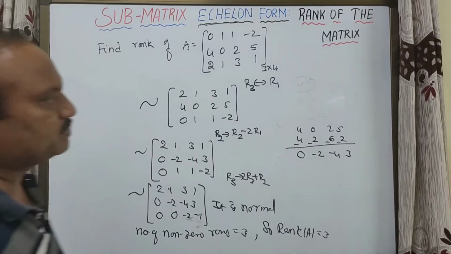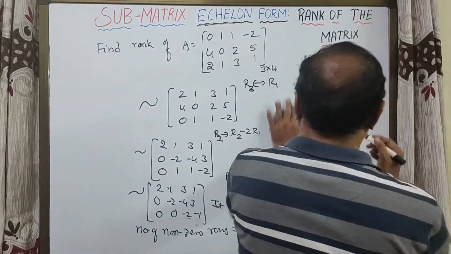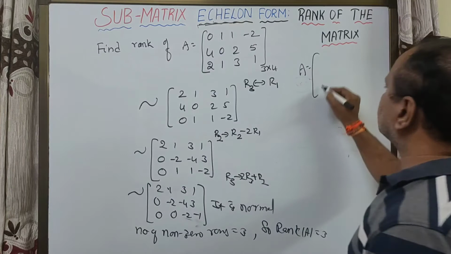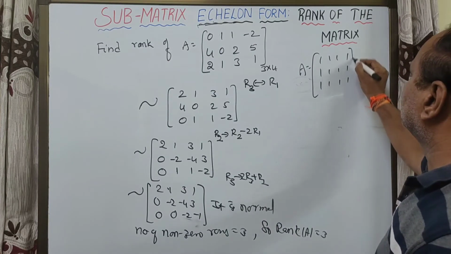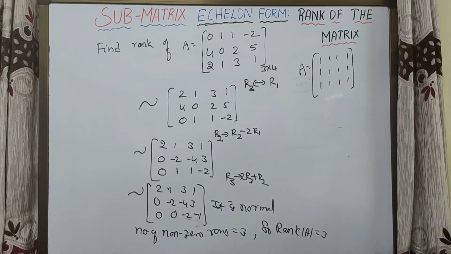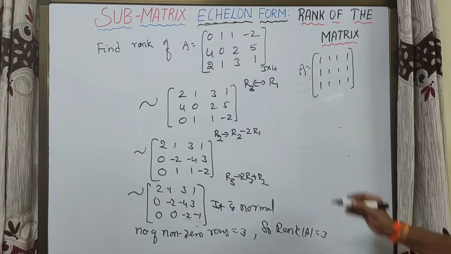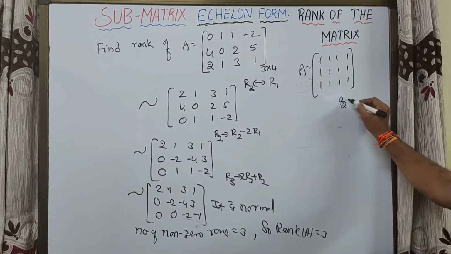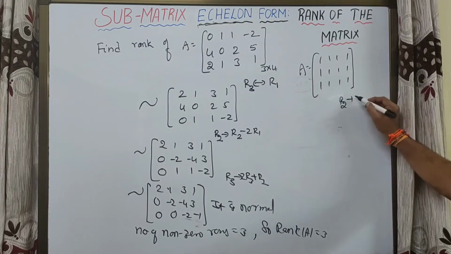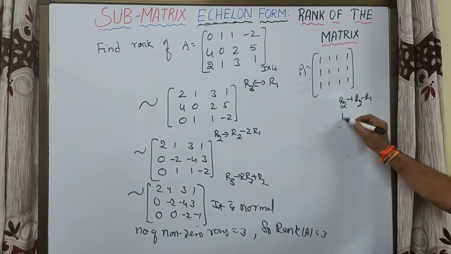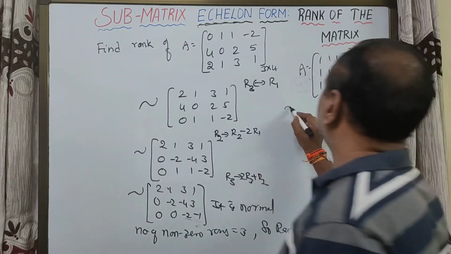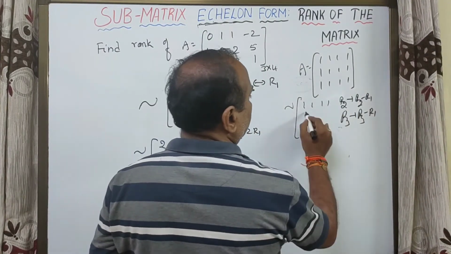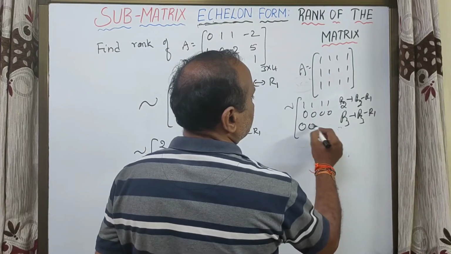See another example. If you take matrix A as 1 1 1, 1 1 1, 1 1 1. My dear students, if you change the R2 row to R2 minus R1, and the R3 row to R3 minus R1, it becomes 1 1 1, 0 0 0, 0 0 0.